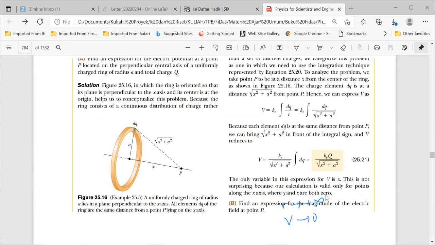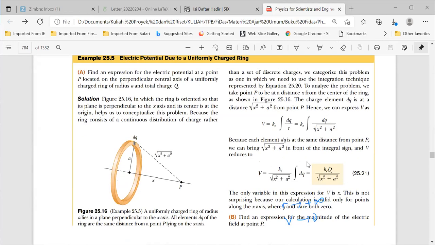Nah, ini contohnya. Misalkan ini adalah medan cincin bermuatan. Dia uniform distribusinya, jadi lambdanya konstan. Kita dapatkan V-nya adalah ini, persamaan 25.21.